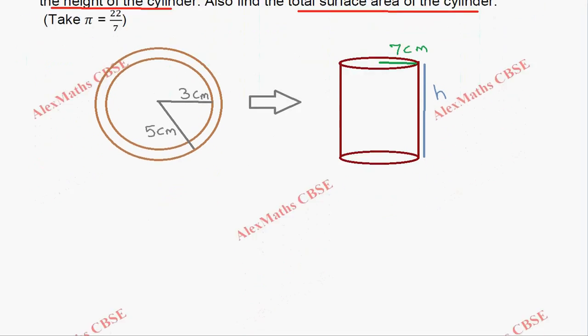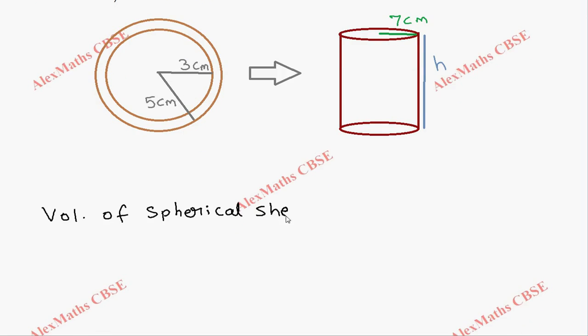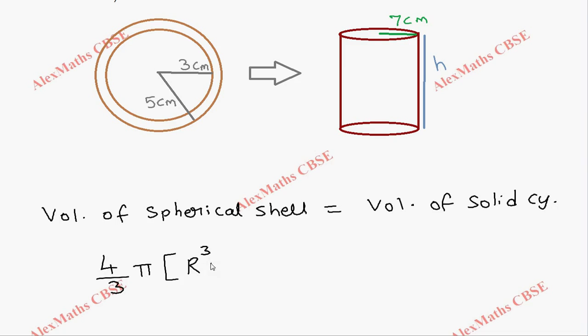So we are going to write the formula. Volume of spherical shell equal to volume of solid cylinder. This formula is 4 by 3 pi (R cube minus r cube), and here it is pi r square h.